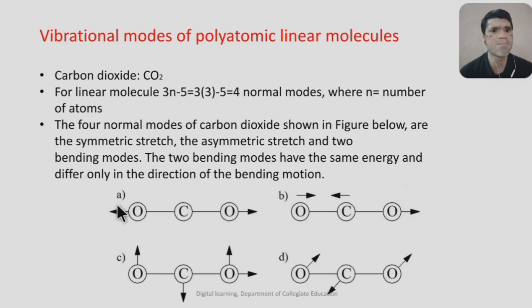The dipole moment of this molecule is 0, even after absorption of radiation, so it does not produce any change in the dipole moment, and therefore in the IR spectrum we see 3 peaks: one for asymmetric stretching, and others for the bending modes.